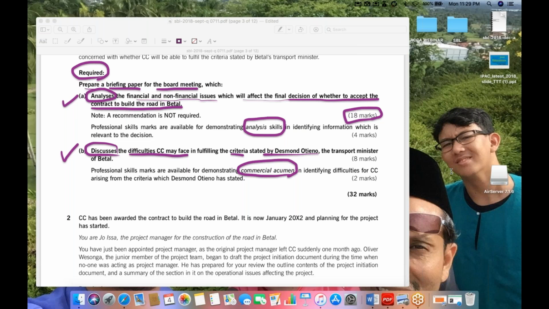Your heading should be A, answering part A. Once you are done with that, your next heading will be B. The examiner will know that that's the answer for the 2 parts.